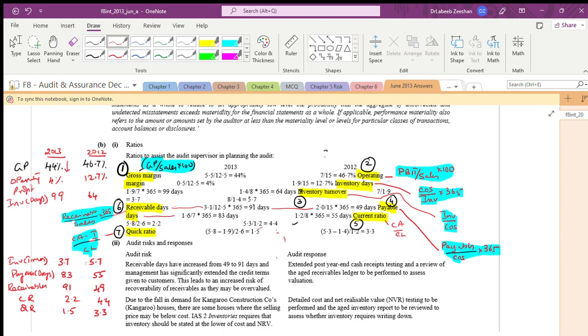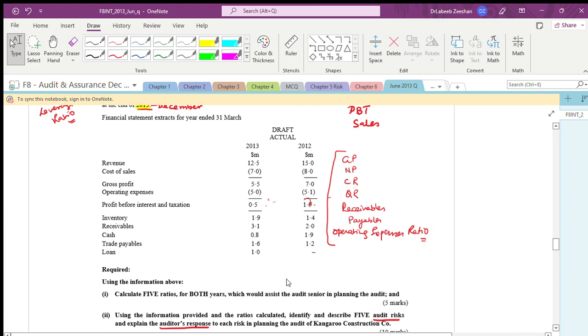This is payables. One minute. Payables are what? 1.6 divided by 7. 1.2 divided by 8. How much is payables? 1.6.